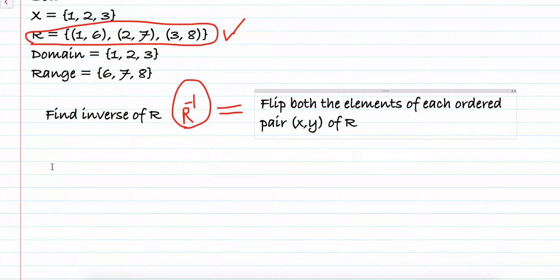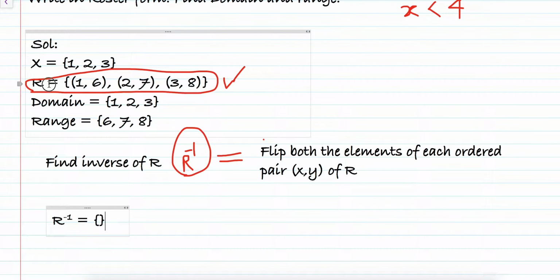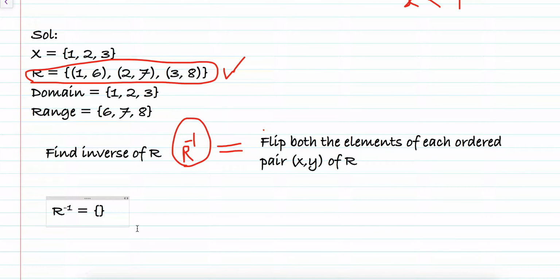So our R inverse, we can calculate it directly from this R. Our first element in R was 1 6, so we can write here 6 1.